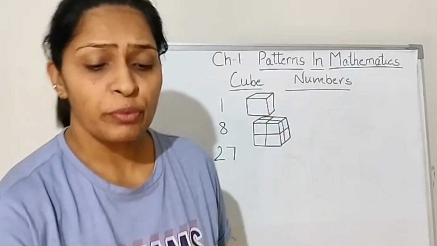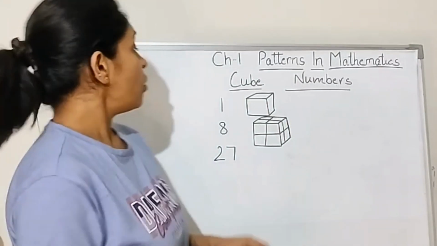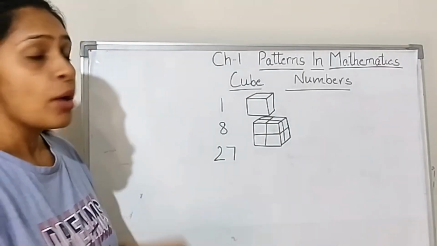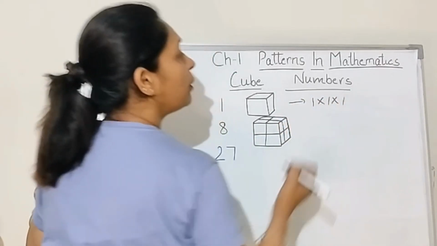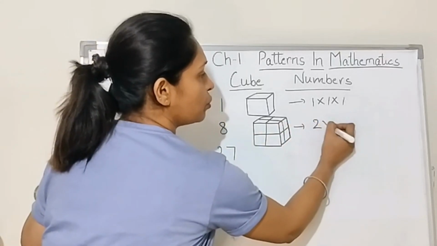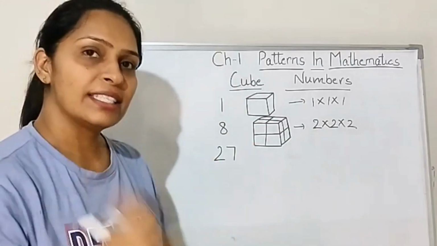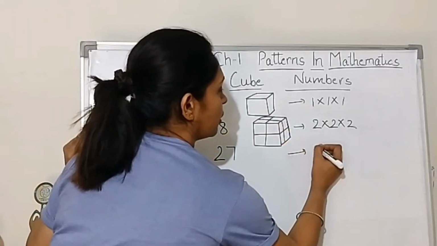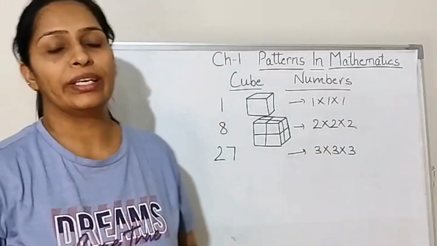Now, we must be wondering how we have to find the cube of different numbers. 1 can be written as 1 multiplied by 1 multiplied by 1. Then after 1, 2 is going to come. So it is 2 into 2 into 2, which gives me 8. The next number would be 3, so 3 into 3 into 3 gives us 27.